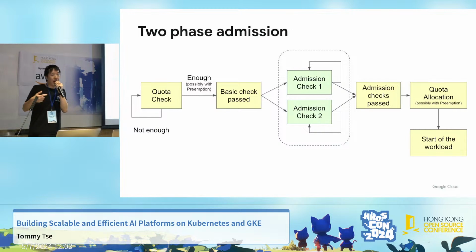And for more advanced setup, you can have admission check for that. So I mentioned the queue does the quota check at the beginning, but you can also have an admission check after the quota check. For example, there's one thing many users, or even our customers, get very confused about: on the cloud, quota doesn't mean capacity.